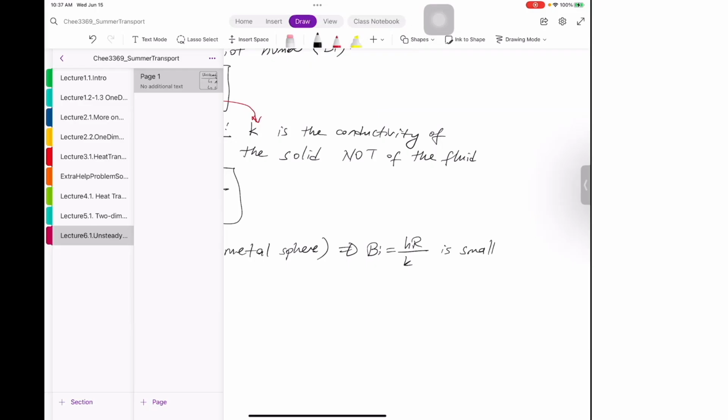The better the conductor, the smaller the Biot number is, so it's more likely that you can assume a uniform temperature profile.